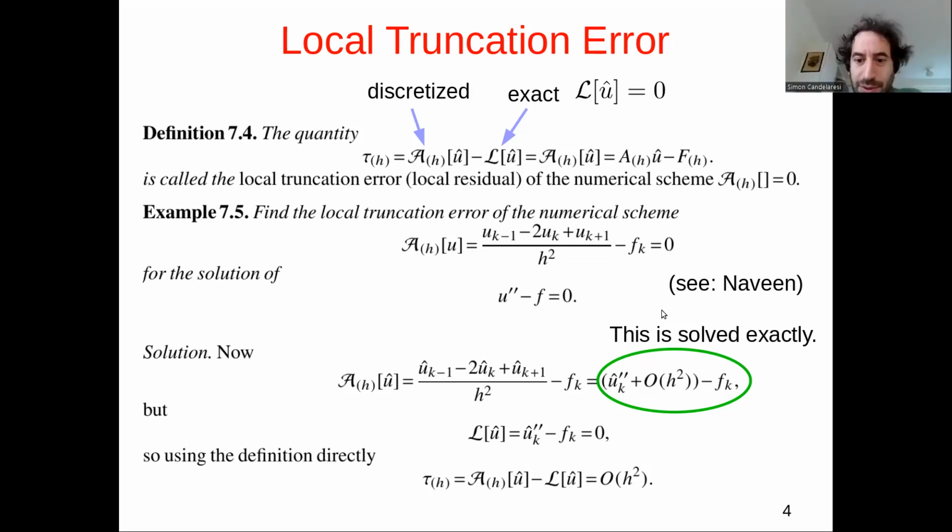The difference between the numerically discretized problem A and the original problem is what we call the local truncation error. For this problem, using this numerical method, the local truncation error is of second order. Again, using Taylor expansion, you can compute all the terms of it.